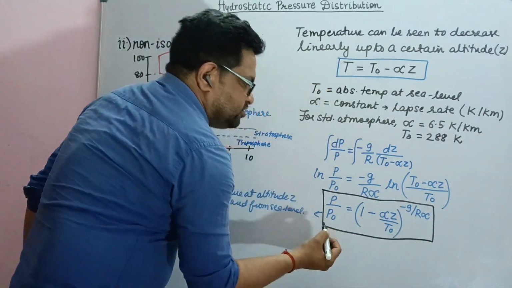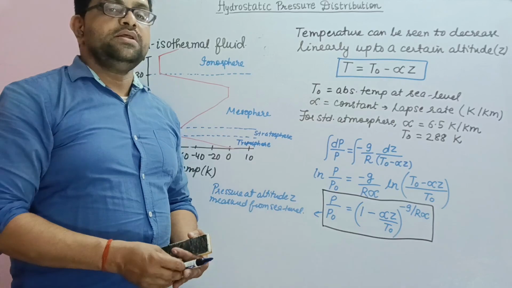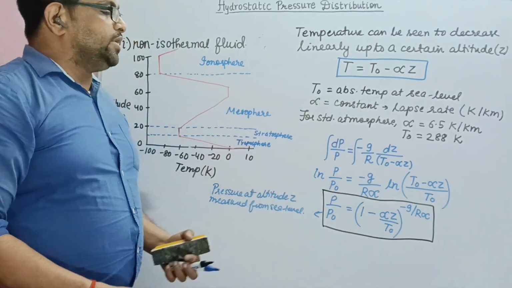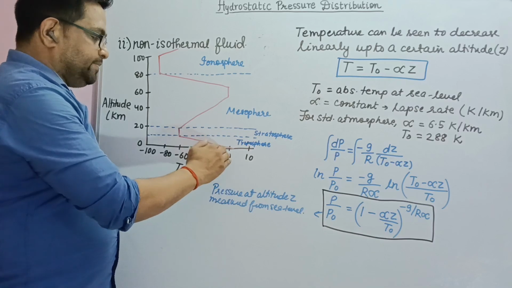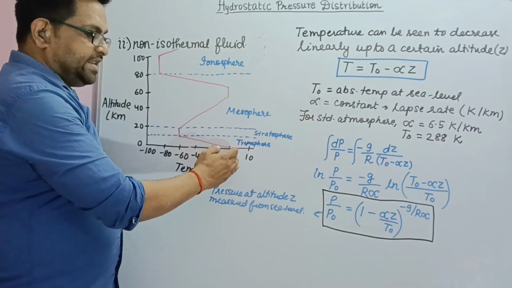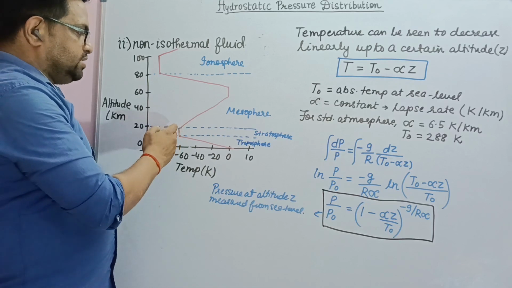Here we have got one constant which is known as the lapse rate, and it is denoted in terms of Kelvin per kilometer. It is attributed to the fact that the temperature is decreasing linearly up to a certain altitude, and thereafter it shows a certain pattern.